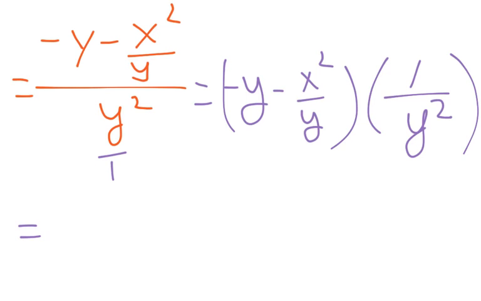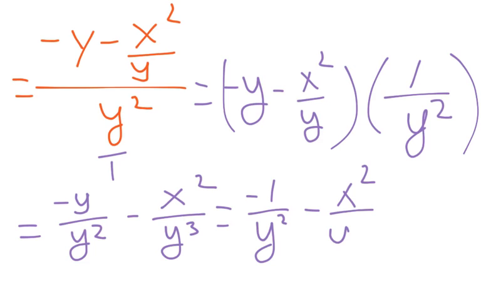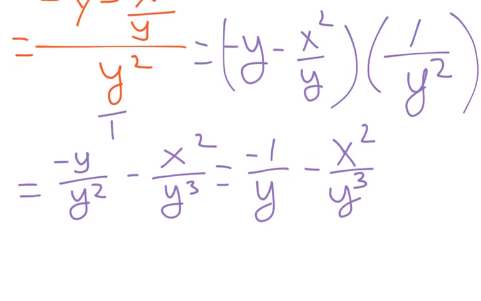Now we can multiply it in, so negative y over y squared minus x squared over y to the third. So I have negative 1 over y... no, I made a mistake. It should be negative 1 over y, minus x squared over y to the third power.